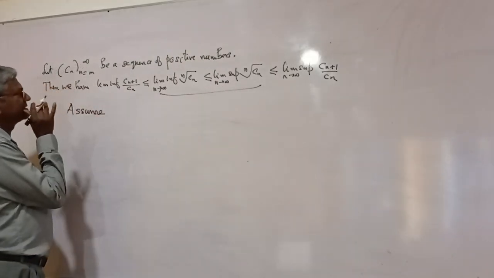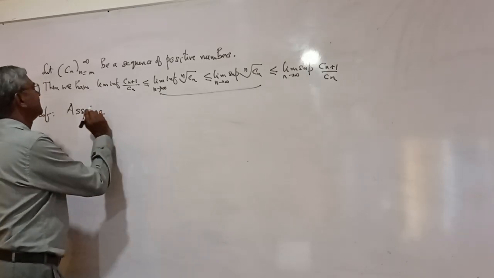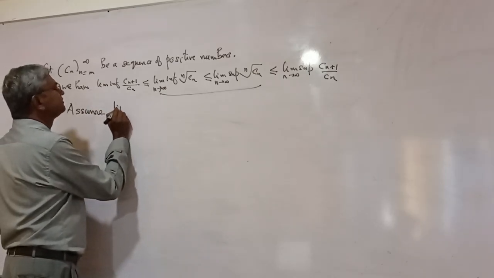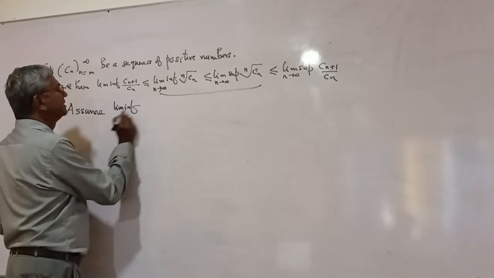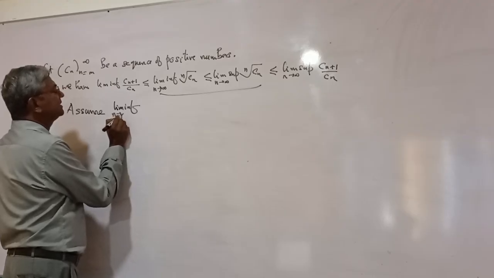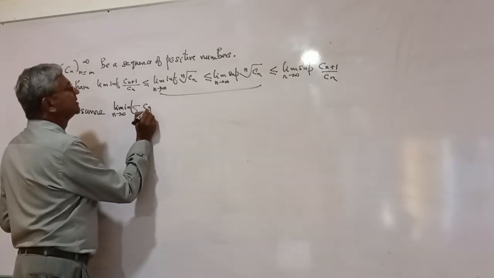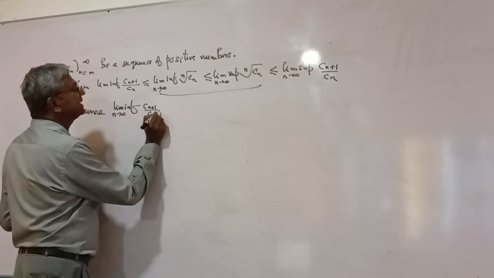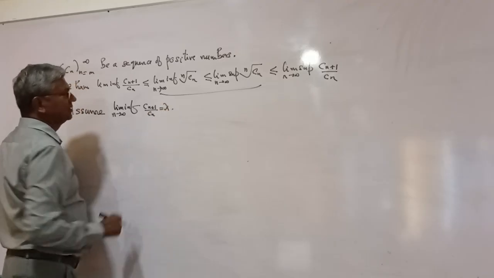Doesn't matter anyway, let's say, assume lim inf as n tends to infinity of Cn plus 1 over Cn is equal to lambda.